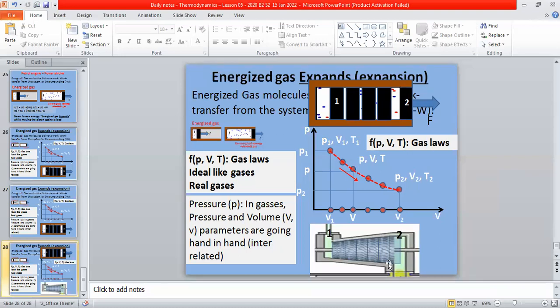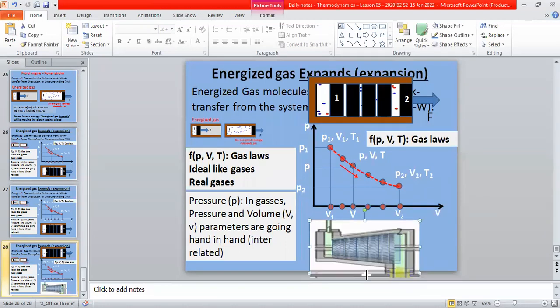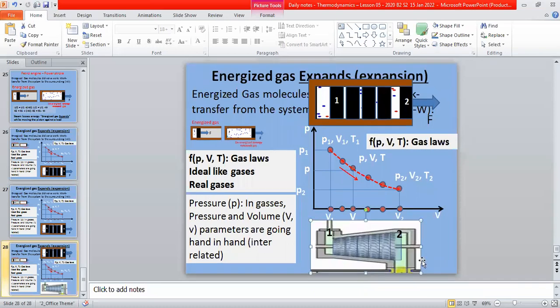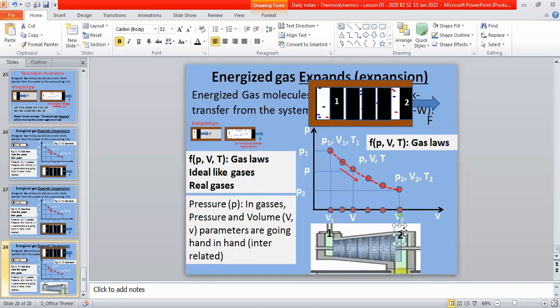But still you can see this PVT nature. Okay, that is very important. So no matter if it's a turbine or an engine, you will notice this. Quite interesting.